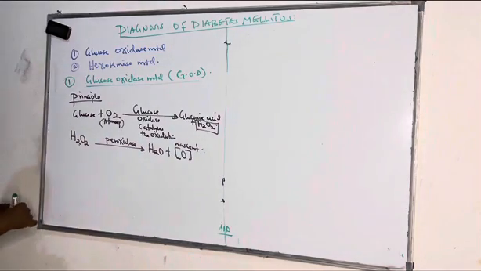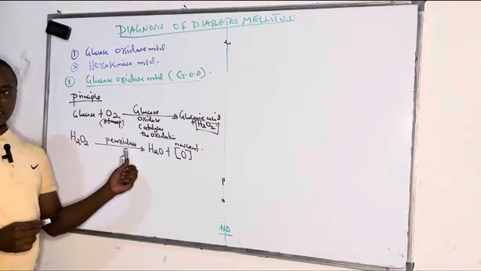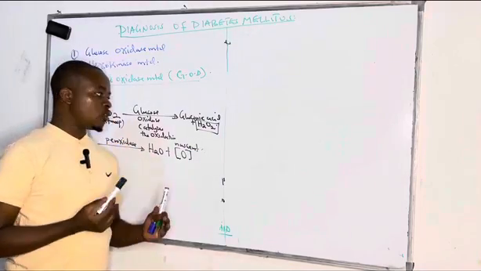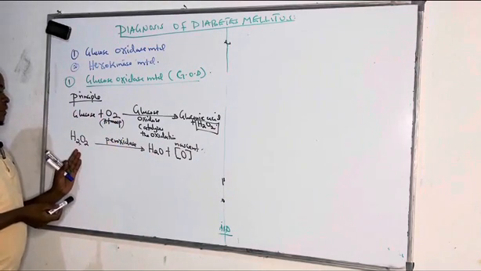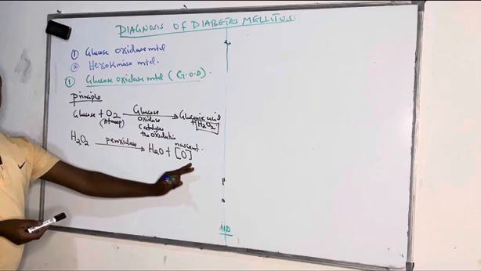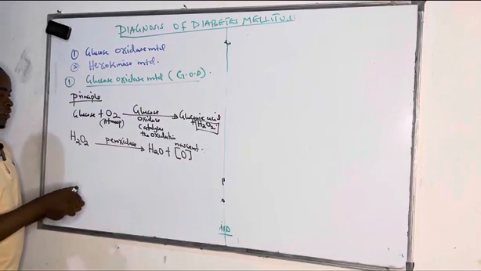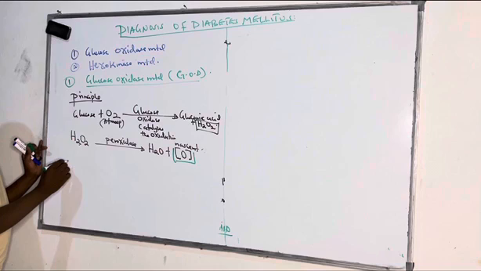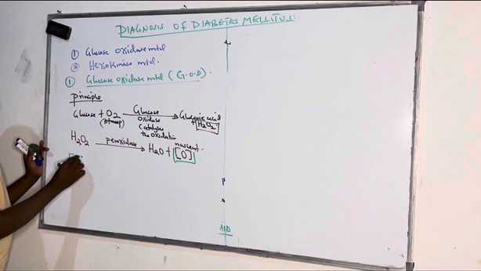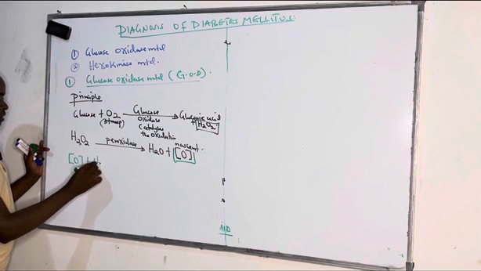So this reaction is catalyzed by the peroxidase enzyme, which catalyzes the breakdown of hydrogen peroxide to water and nascent oxygen. And in this reaction, we are interested in the nascent oxygen, because whenever we have this nascent oxygen, it reacts with the chromogen.